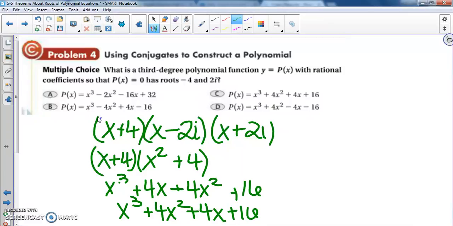So the equation x cubed plus 4x squared plus 4x plus 16 equals 0 has rational coefficients and has roots negative 4 and 2i. So the correct answer is C.